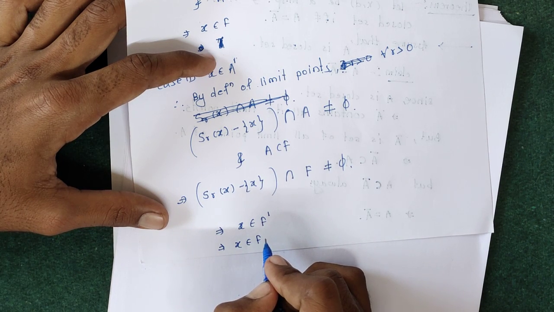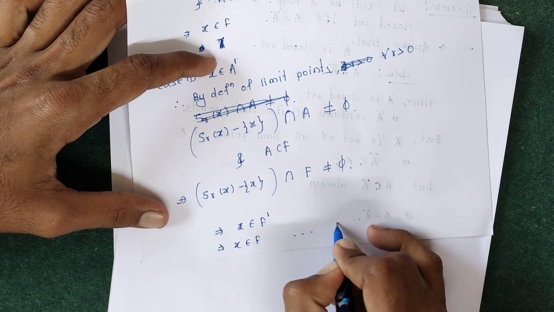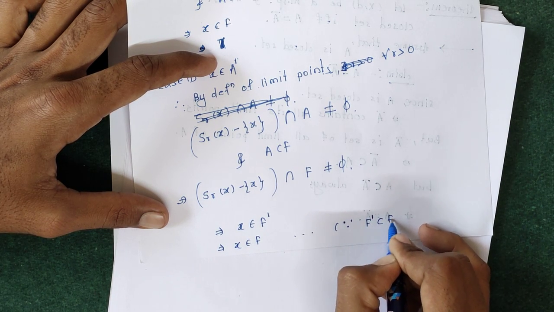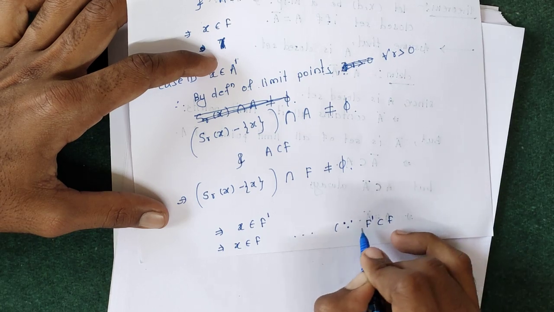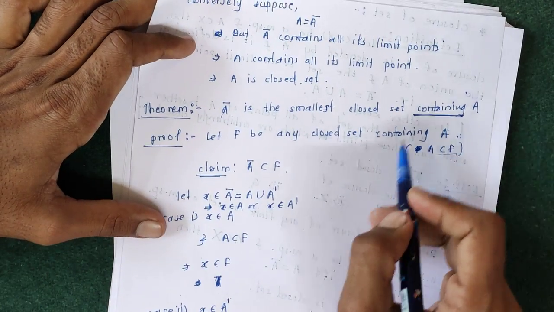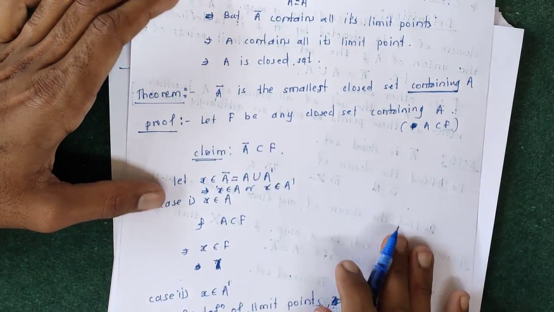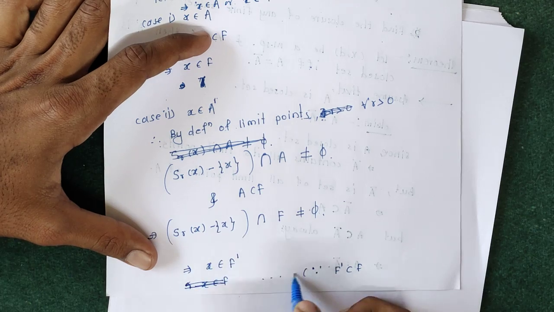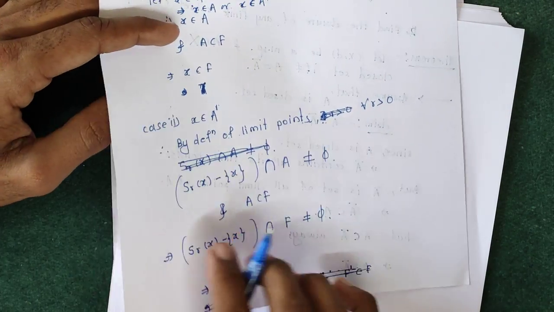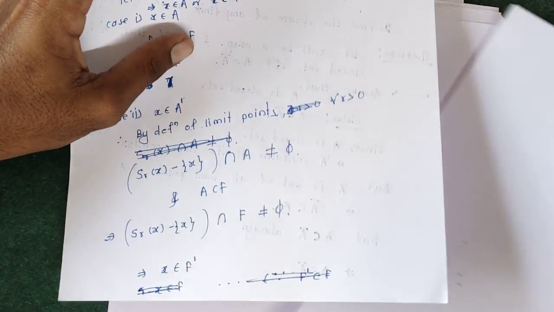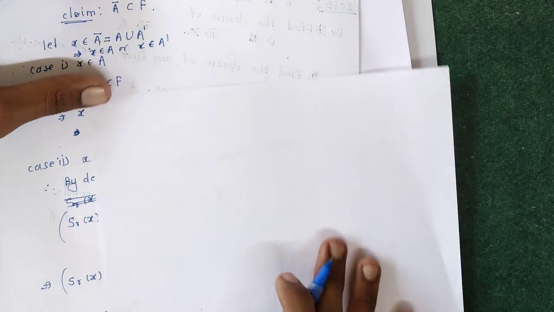We can write x belongs to F because the limit points of F are contained in F. This is because F is a closed set.